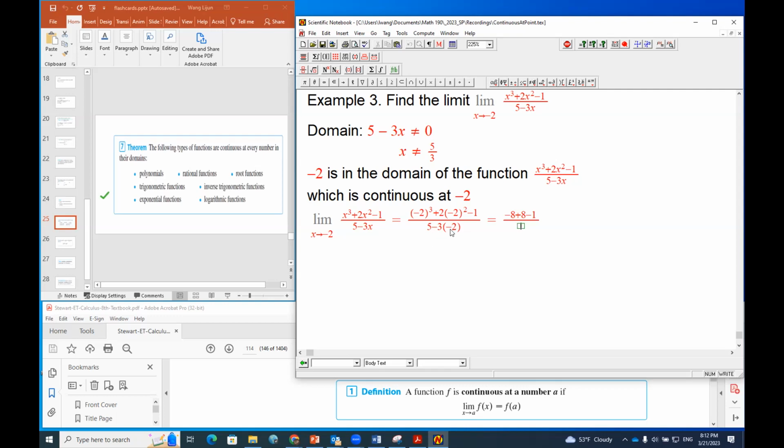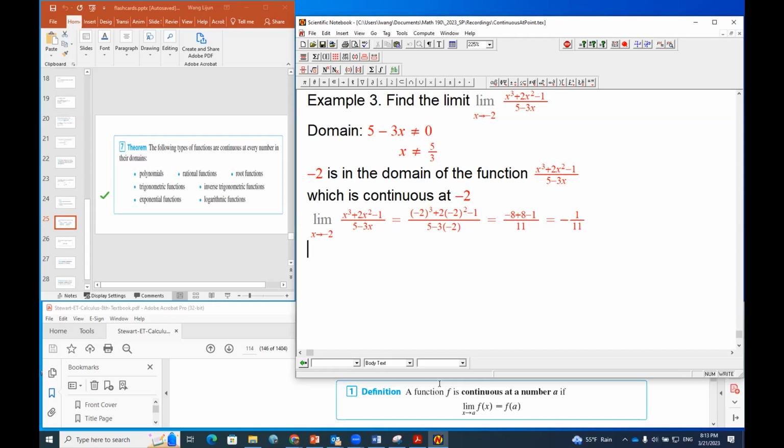The denominator is 5 plus 6, that's 11. So in the end, we have -1/11. I hope I didn't do anything wrong. You may like to pause and check the work. I double checked, and it looks like it works.